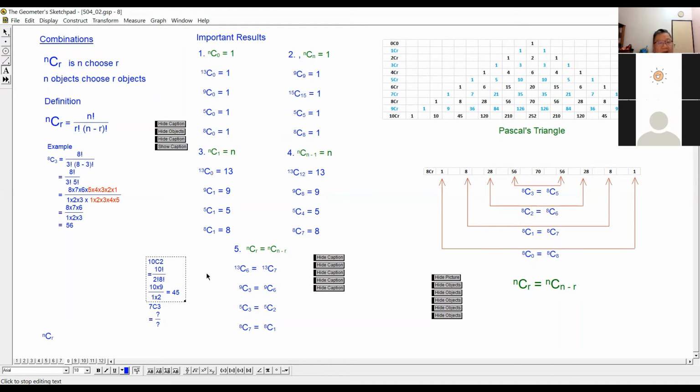Now this 8 factorial will cancel with the 8 numbers from the 10 factorial. If the 10 factorial has 10 numbers, you cancel away the first 8 numbers, so you are left with 2 numbers, 10 and 9 only.